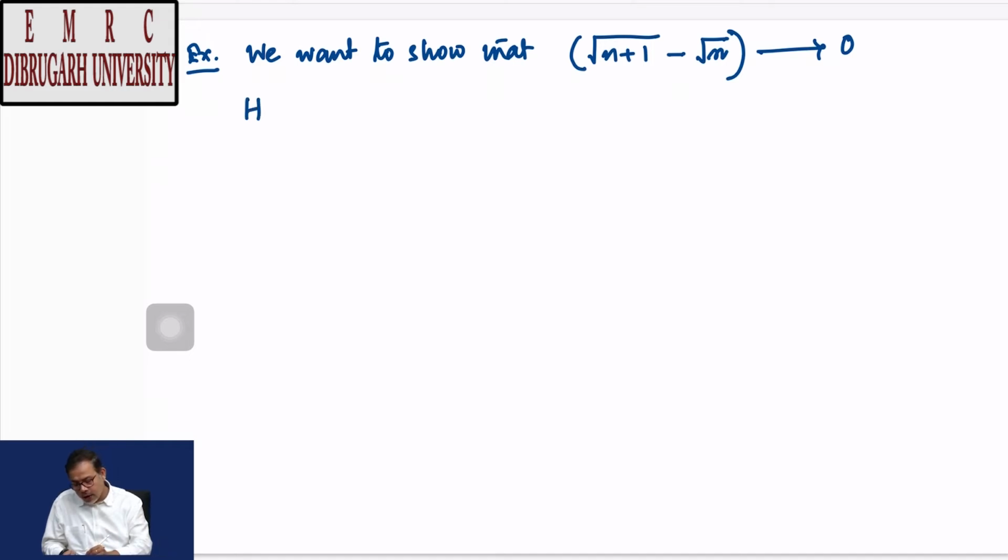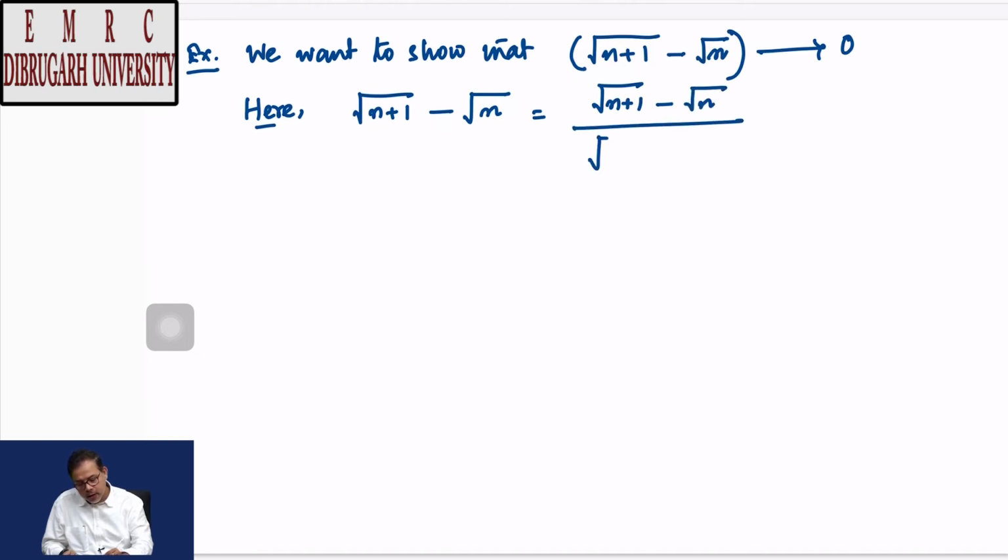Now how we proceed here in this case is the following. This expression can be expressed this way also, by dividing and multiplying by the same expression.